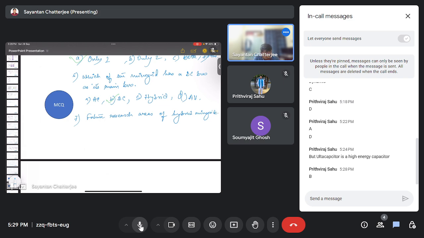Hybrid microgrids. Okay. So some options are communication infrastructure development, then power management, economic challenges, economic concern, all.